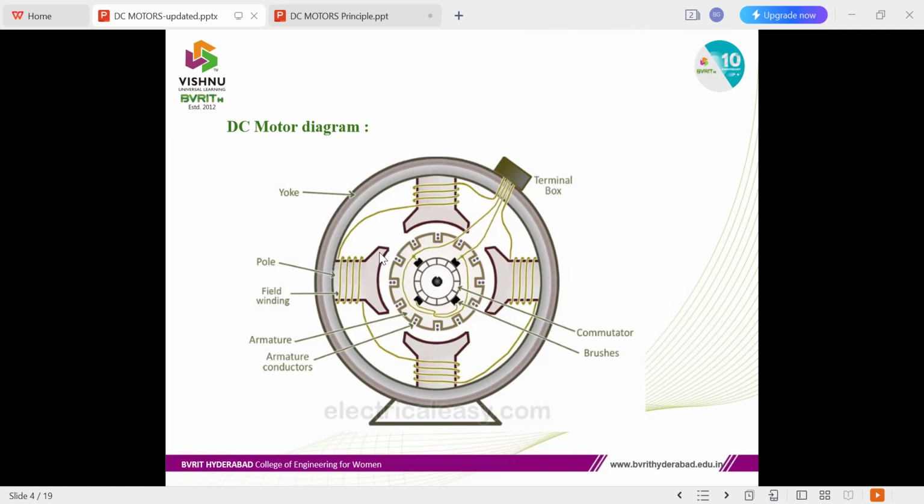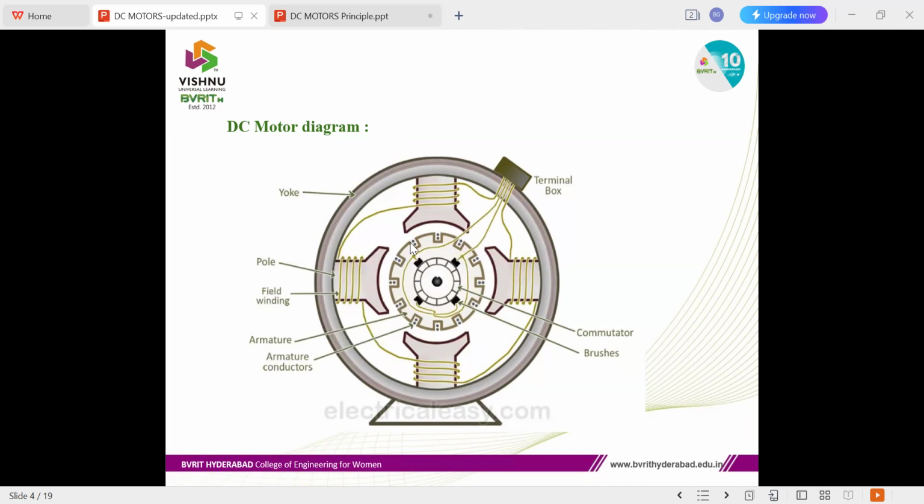Then we have magnetic poles. This magnetic pole carries the field winding, which is necessary to produce the flux. Then we have the armature core, which is cylindrical in shape, mounted on the shaft.